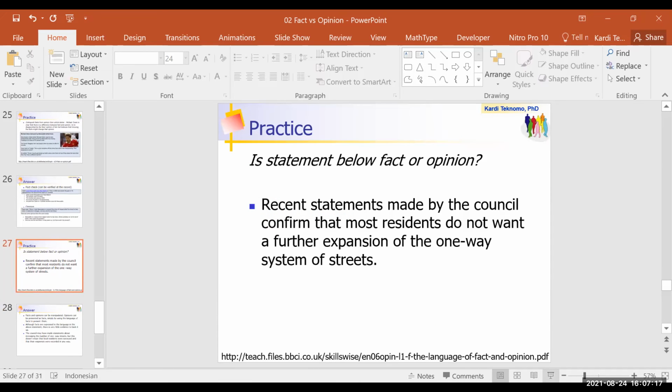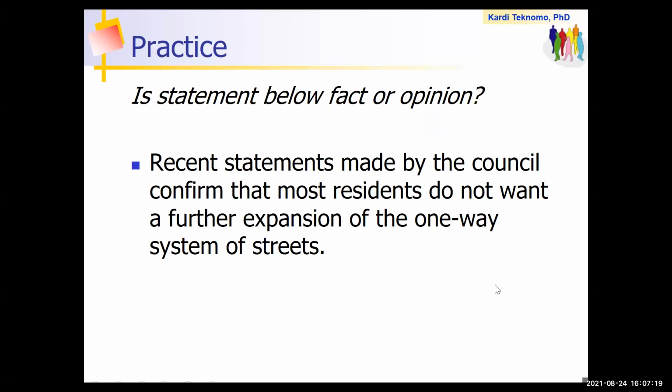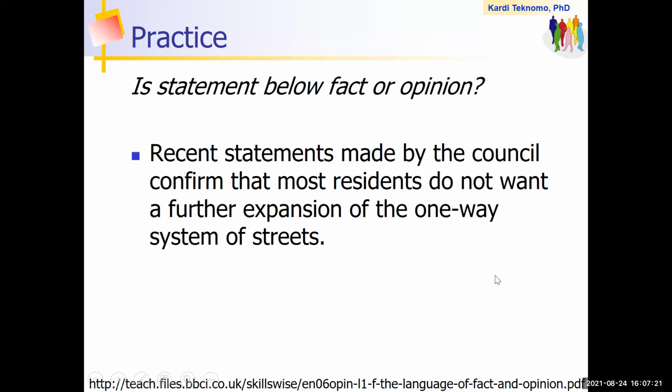Okay, how about this? Is the statement below fact or opinion? "A recent statement made by the council confirmed that most residents do not want a further expansion of the one-way system of streets." A fact.